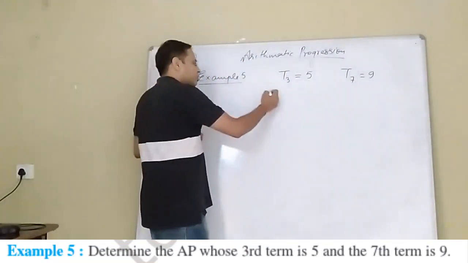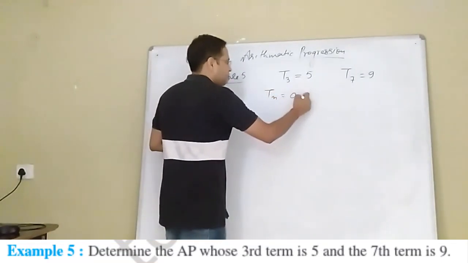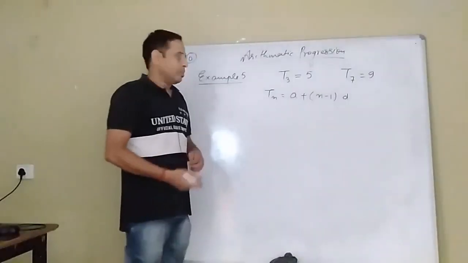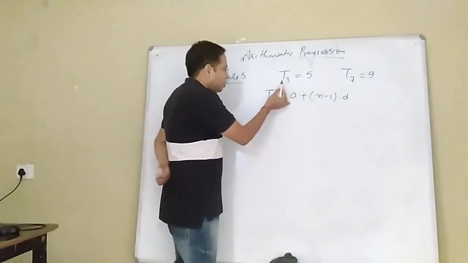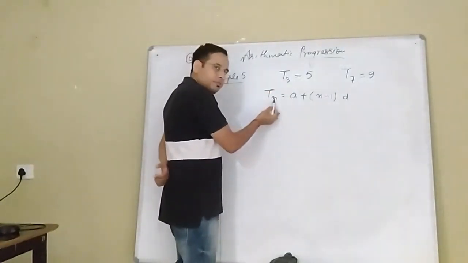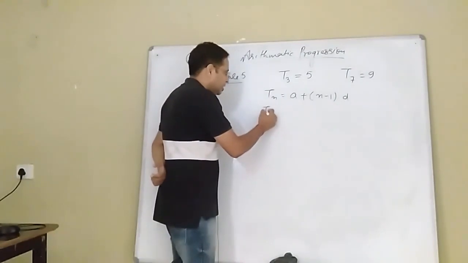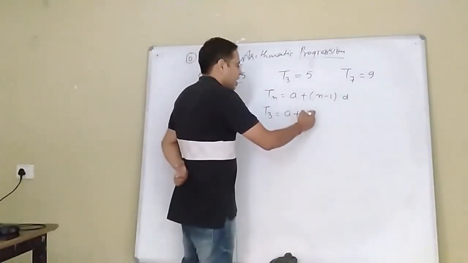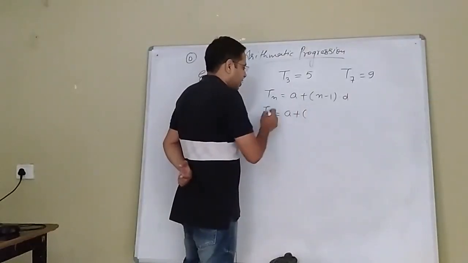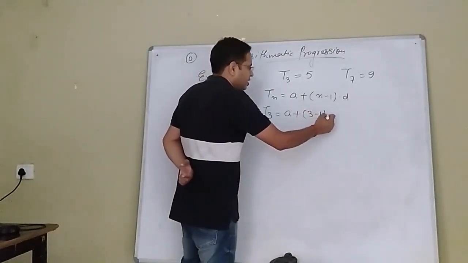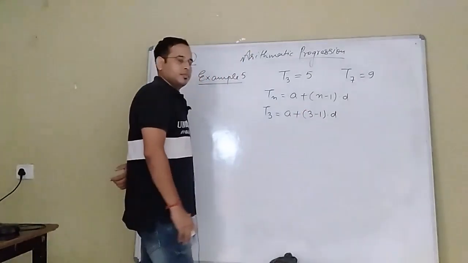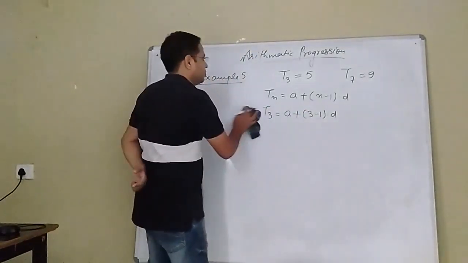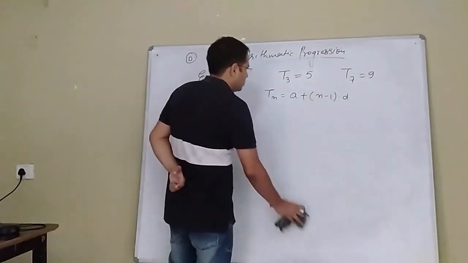Okay. What was the formula to get the nth term? A plus n minus 1 into D. Check. Now we'll compare. Now here T3. So what will be the value of n? It will be 3. रख देते हैं. T3 is equals to A plus n minus 1 into D, n की वैल्यू कितनी है? 3 minus 1 into D. Okay? ऐसे लो, इसमें कंफ्यूज मत होना. चलो.